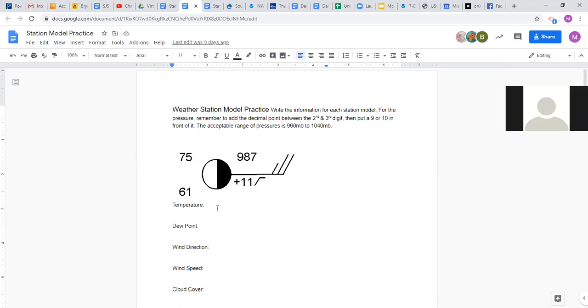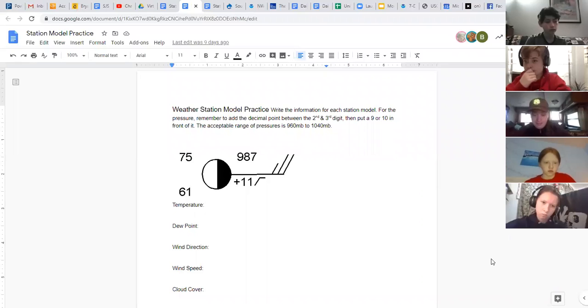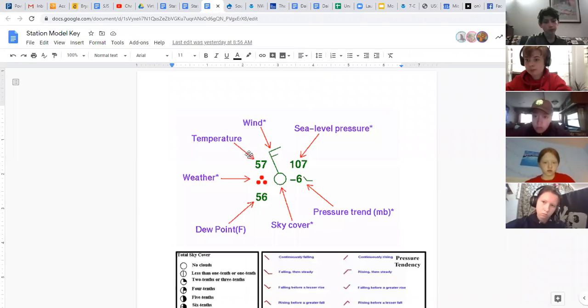Fahrenheit? Yeah, good. We could put the unit Fahrenheit after the number 57 in this example. And then when I drop down here for dew point, it even tells me that dew point is a temperature reading as well, and we need to report with units of degrees Fahrenheit.